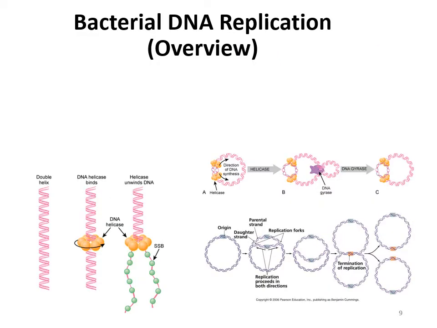So now to recap the specifics of what actually occurs in DNA replication, and for any of the genetic processes, if you understand what each of the enzymes does, then you would be able to explain the process to someone. So with bacterial DNA replication, the first two things you need are gyrase and helicase.